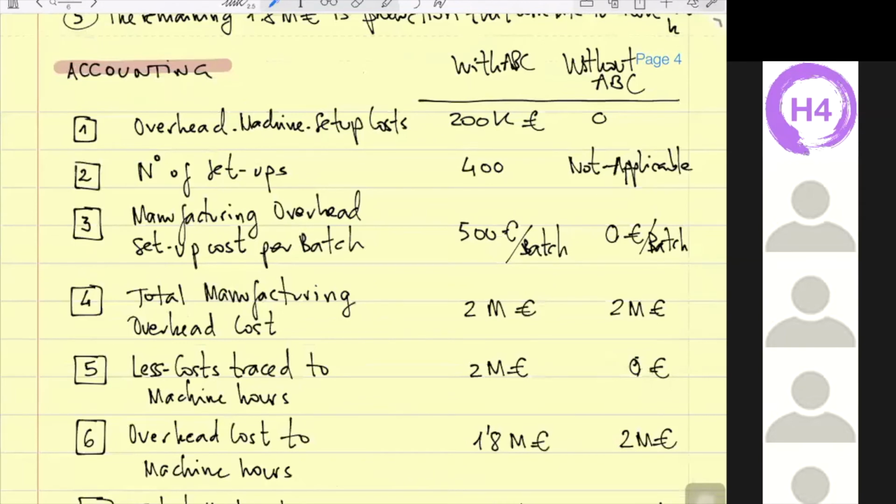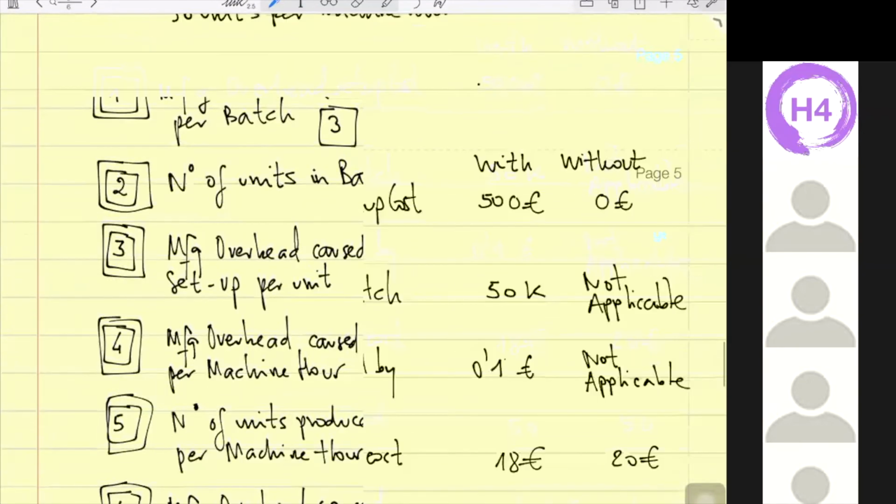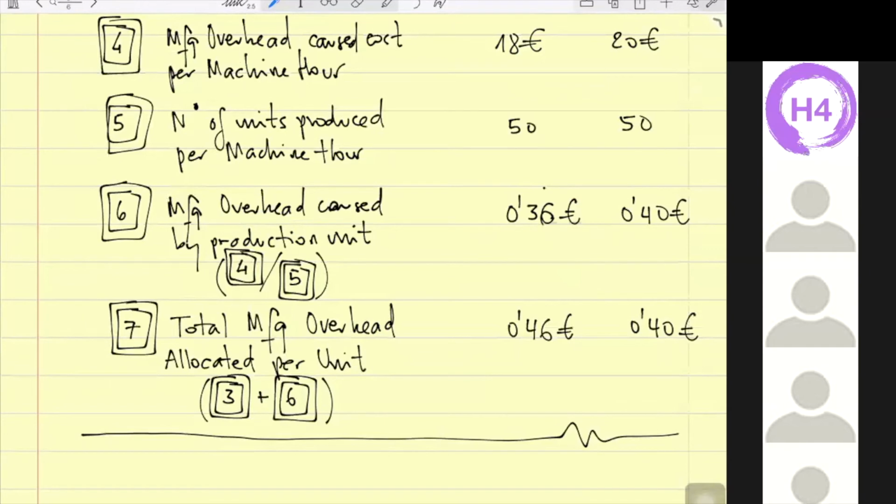What you can remember is that with activity-based costing, we have a much better detail of what the cost per unit is. The difficulty is that we need a lot of detail about the process. If we don't have detail about the process, then we cannot do activity-based costing. And it is going to cost a lot of money to create the database that allows us to run activity-based costing on our process and project management. Okay, any questions?